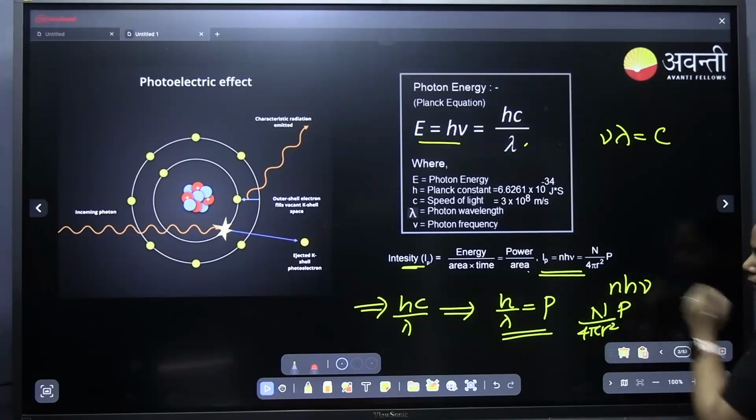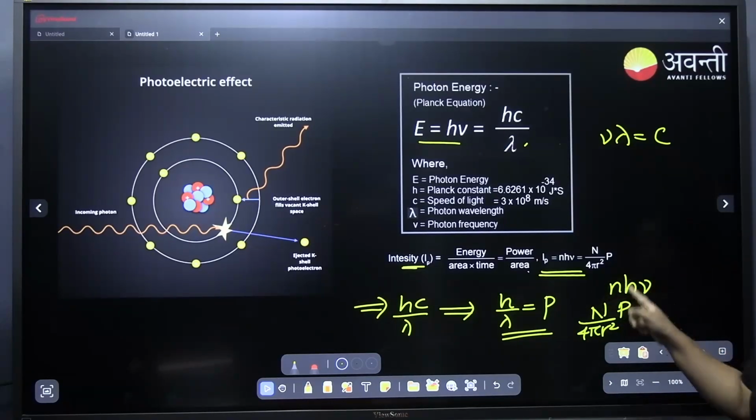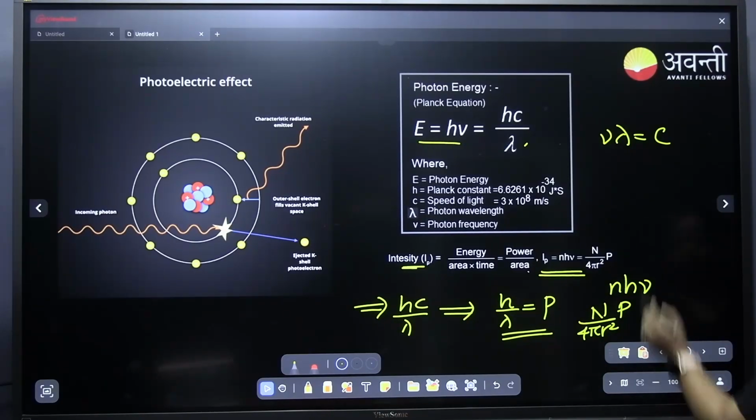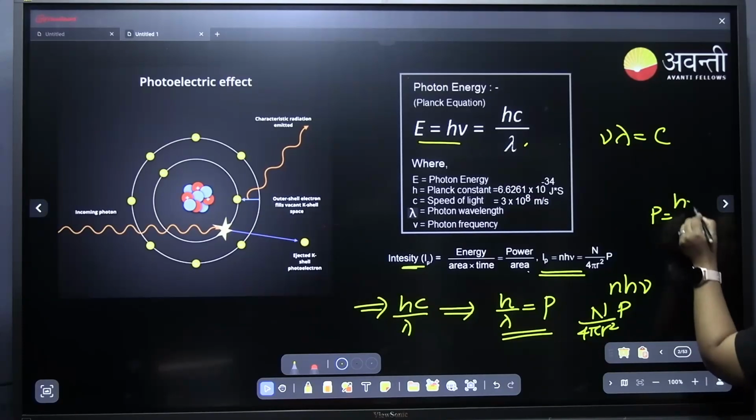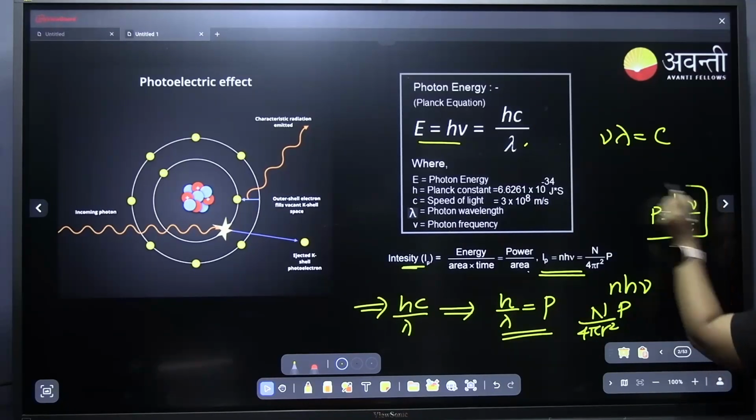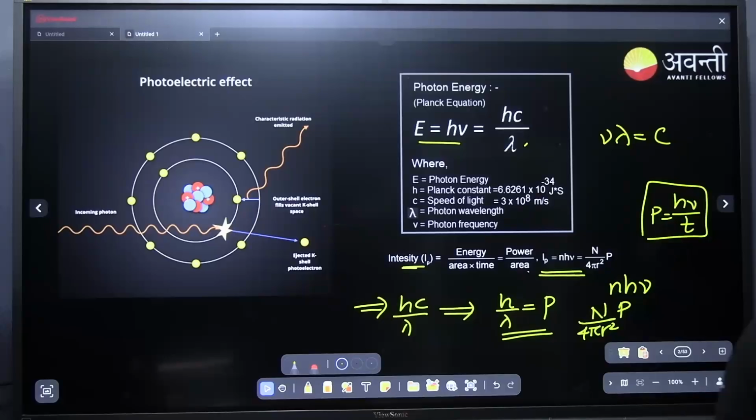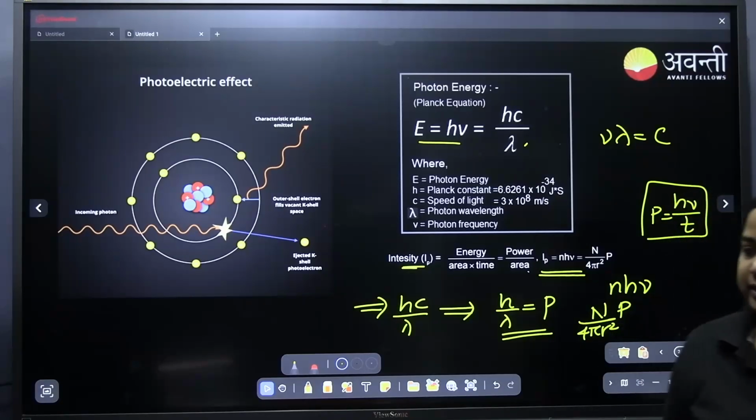Here n is the number of photons, and power is equal to h nu by t. Energy per time is power, so power into number of photons divided by area, that you will get as intensity. Is there any doubt in this?